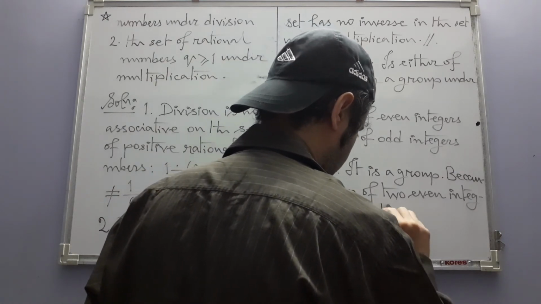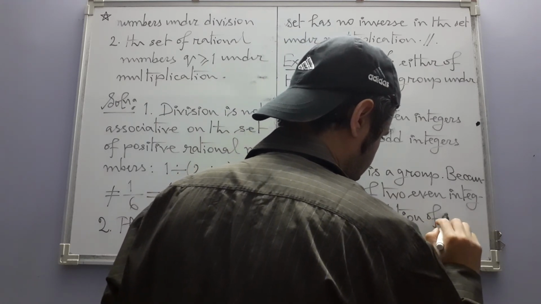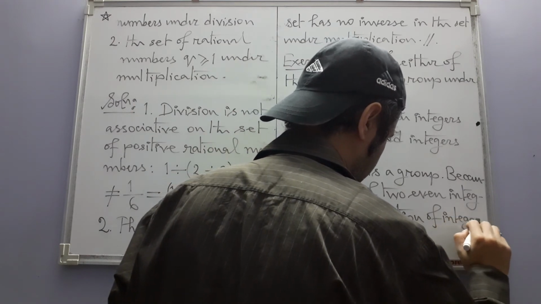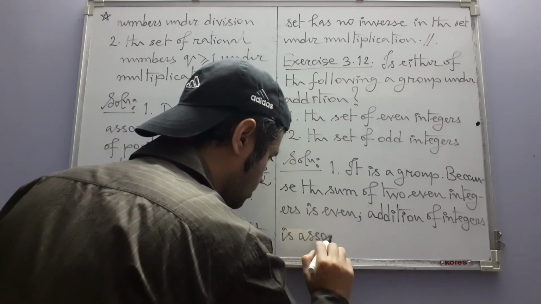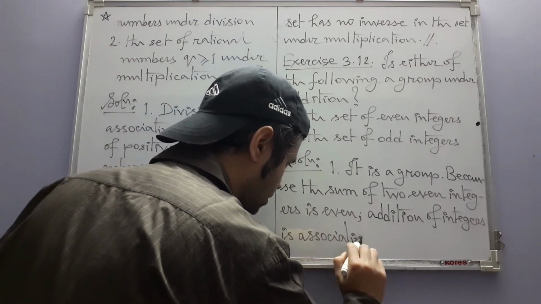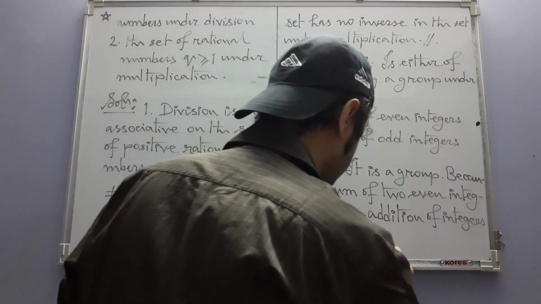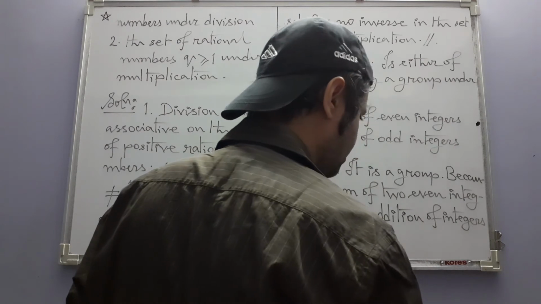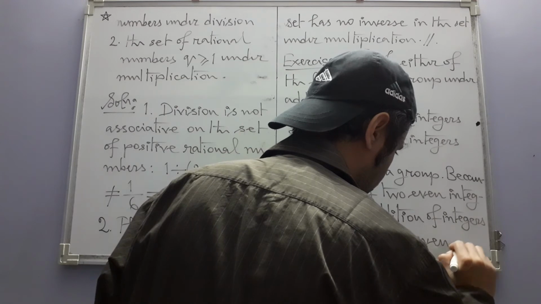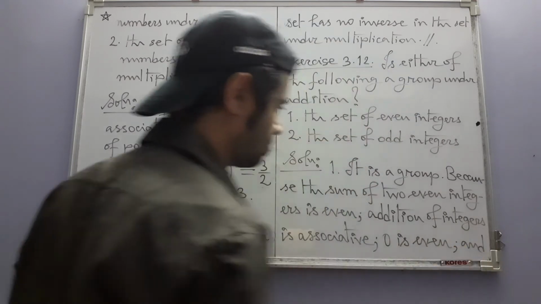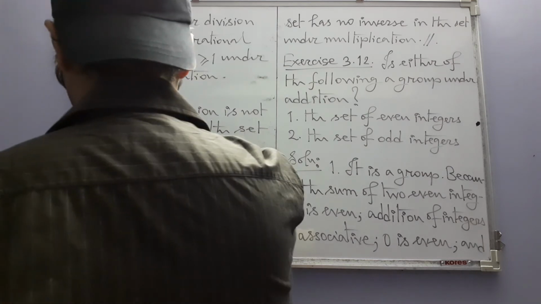And addition of integers is an associative operation. So in particular, addition of even integers is also an associative operation. The additive identity 0 is even, and for an even integer a, its negative minus a is also an even integer.